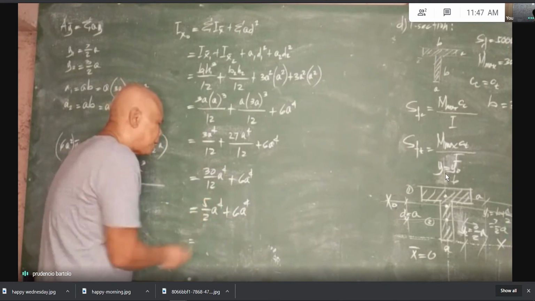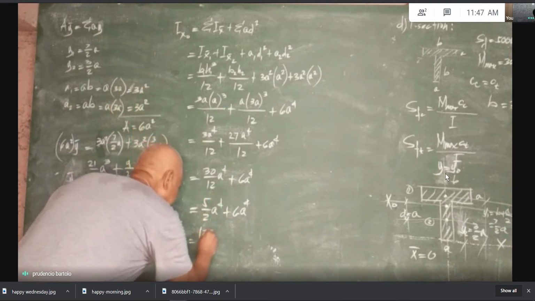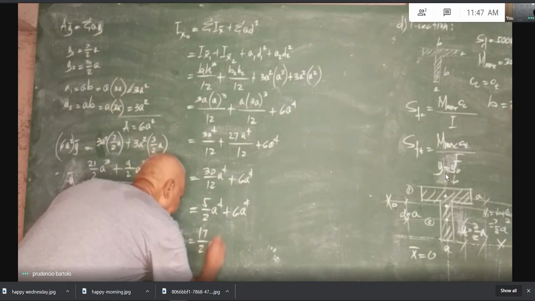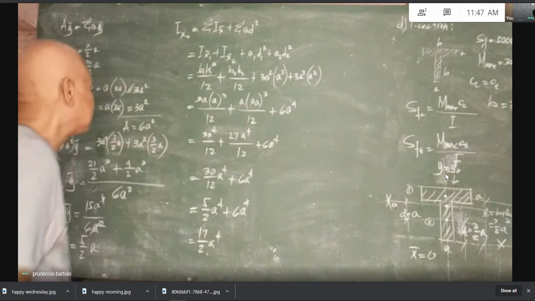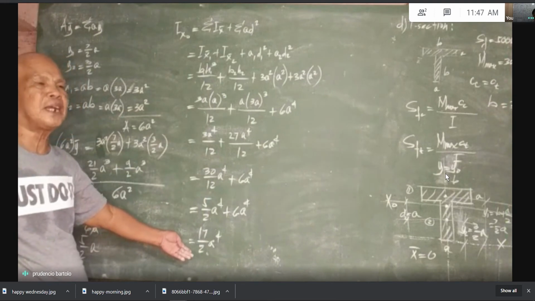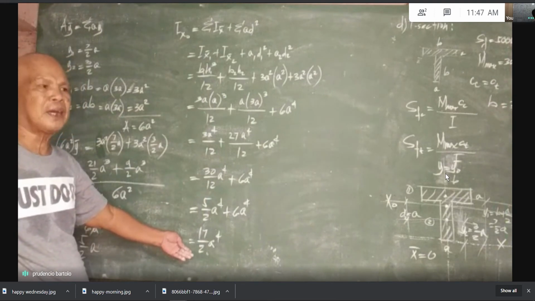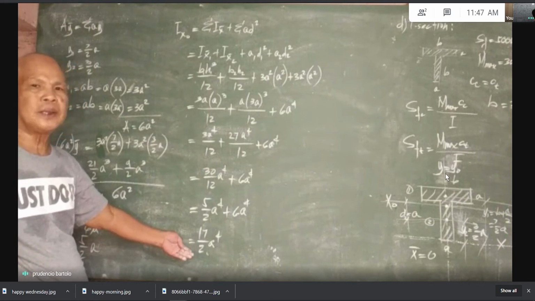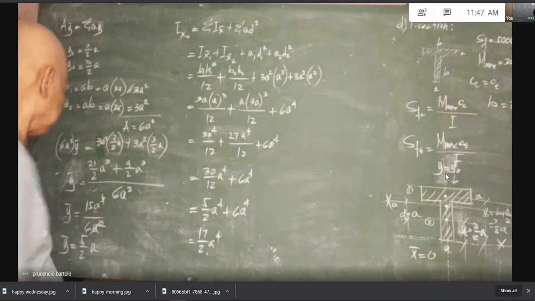So 12 plus 5 is 17, 17 over 2A to the 4th. That is for the centroidal moment of inertia with respect to the centroidal x.